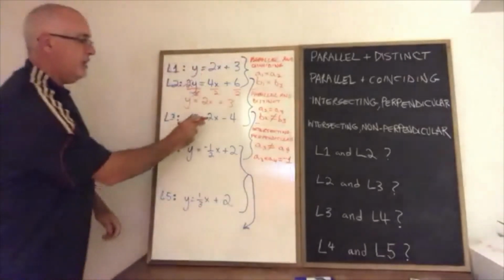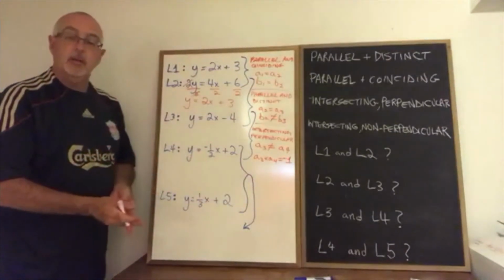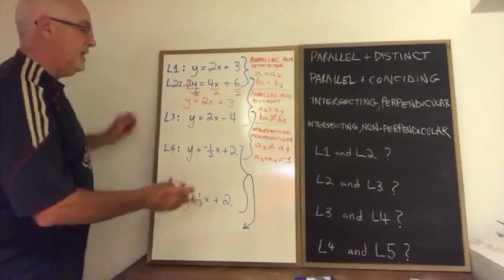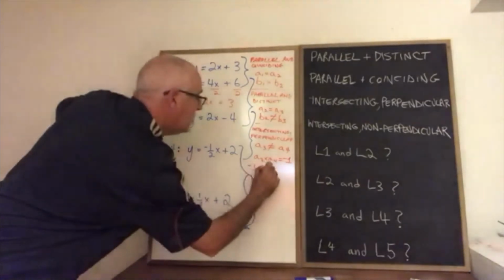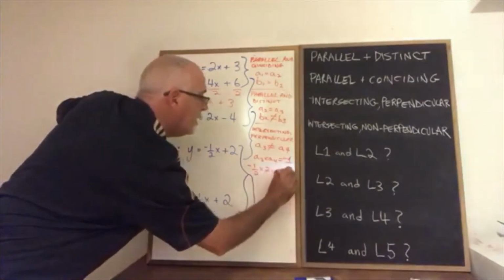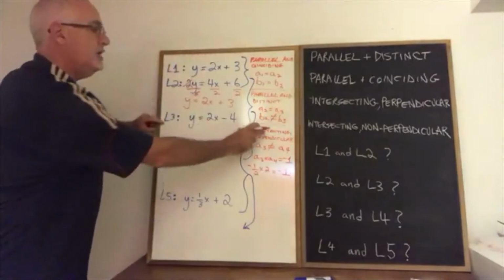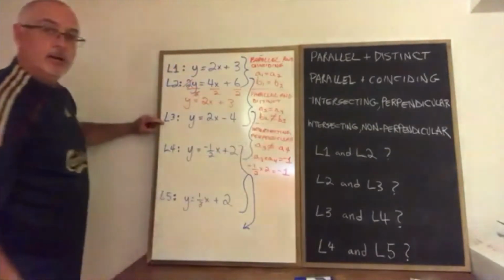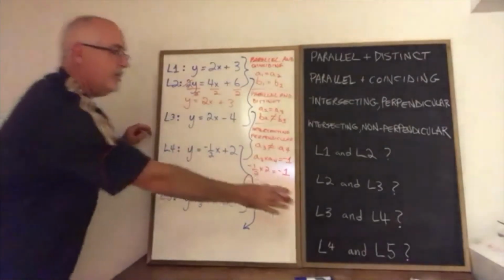When you have two numbers that are negative reciprocal of each other and you multiply them by each other, you always will get -1 as an answer. So -1/2 times 2 equals -1. I can see proof that these two lines are intersecting and they are perpendicular. So I have my answer now for the third question.